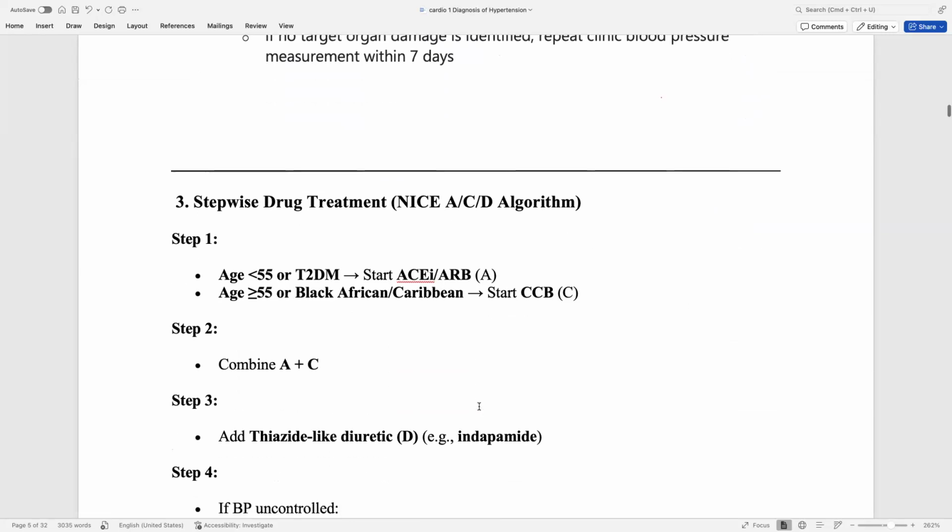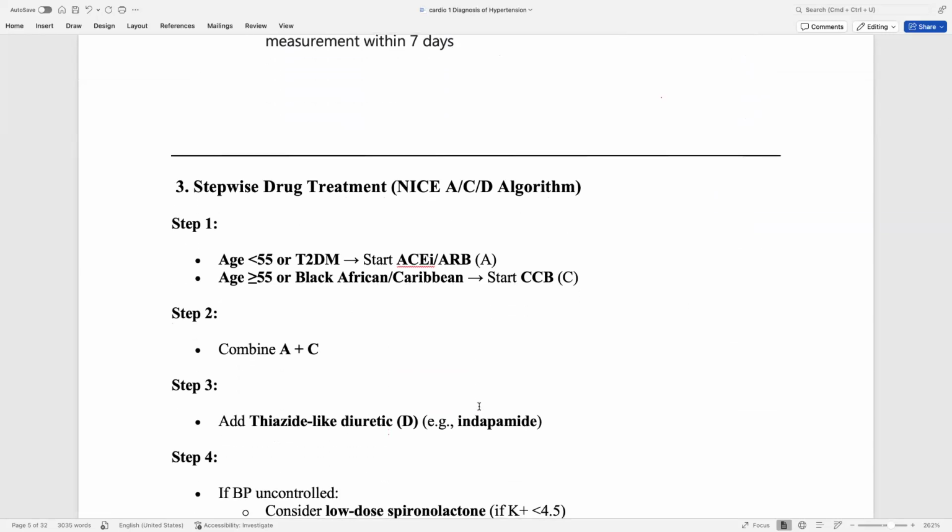Then step 1, step 2, step 3, step 4. For a young patient and white, we'll start with ACE inhibitors or ARBs.